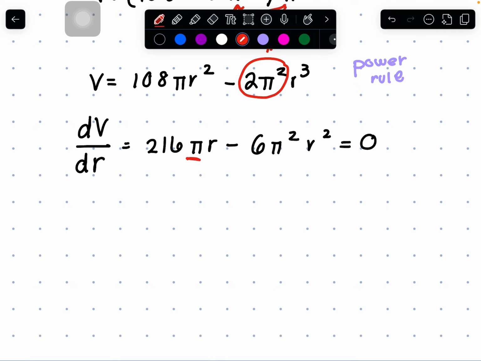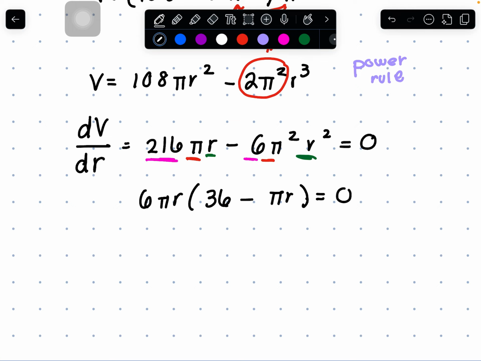I see a pi, I see an r, and 6 does divide 216. That makes our life easier. So if I pull out a 6, a pi, and an r, I'm going to be left with 36 minus pi r equals 0.